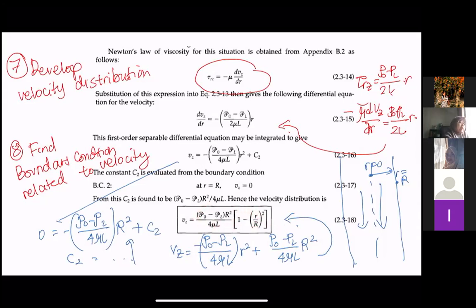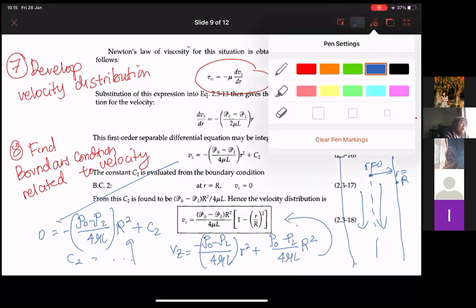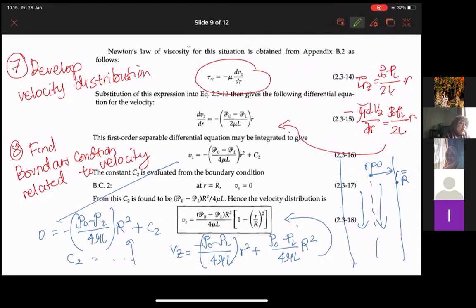So if I can draw the schematic of the profile, it would be maximum around here, minimum around the wall, and it follows a quadratic equation, so it would look like this. Okay, so this is called the velocity profile.